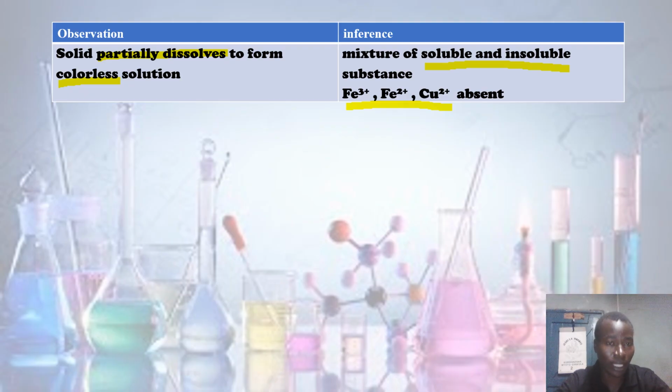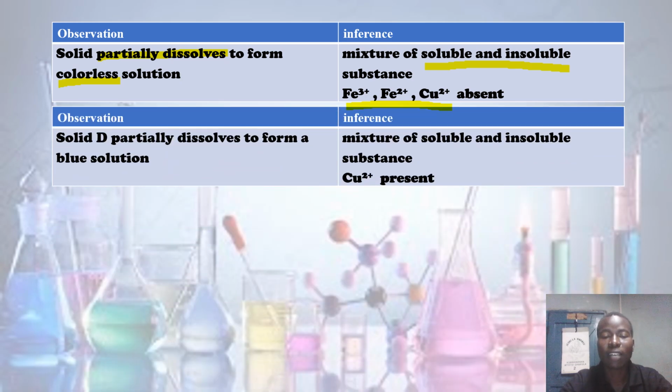Remember, if I am to talk about the ions that are present, there are so many of them, so I may not be able to exhaust them. The best way to make your inference here is to go for the negative inference, where you talk about the colored ions being absent. So you talk about iron 3 ions, iron 2 ions, and copper ions being absent.